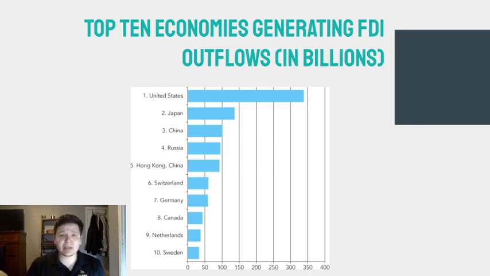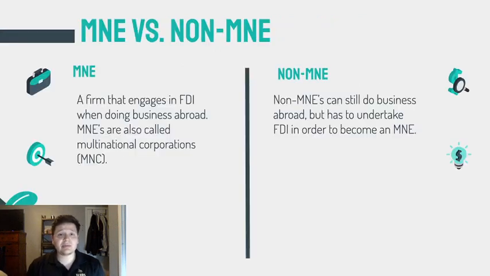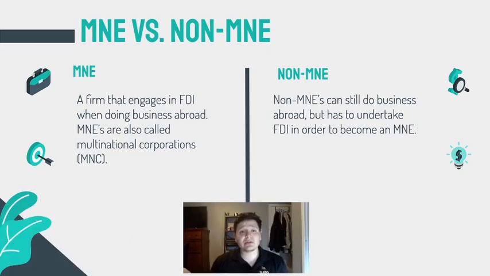Next I'll be differentiating between MNEs versus non-MNEs. I'll begin by stating what an MNE is in the first place. In the book, they're also referred to as multinational corporations, otherwise known as MNCs.